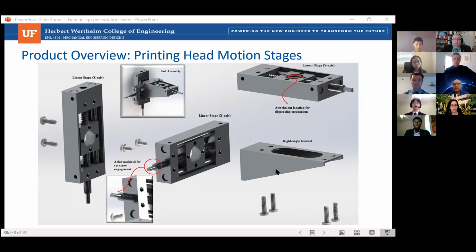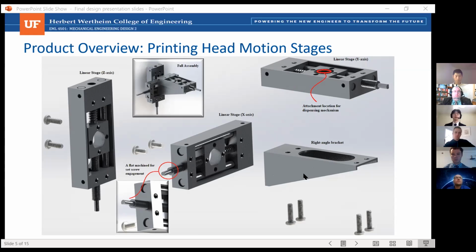A right angle bracket is used to assemble the stages in an XYZ configuration to provide up to 12.7 millimeters of travel in each axis. The angular deviation of each stage is expected to be less than 150 microradians, which performs far beyond the customer's needs of less than 1 degree.